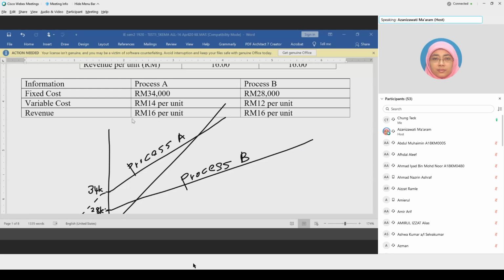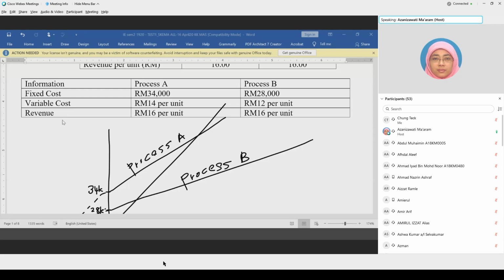Revenue, no problem. Okay, revenue is the price for the unit.